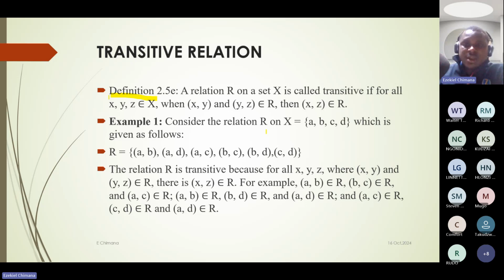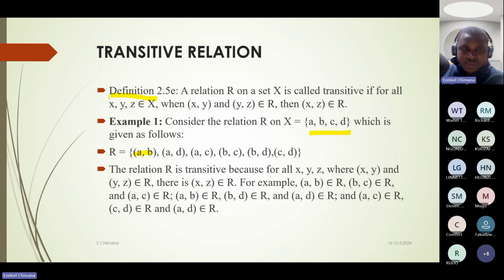Consider the relation R on X = {A, B, C, D}, which is given as follows: (A, B), (A, D), (A, C), then (B, C), then (B, D), and (C, D). This relation, is it transitive or not? So you are saying if you have A, B, and B something, A must be related to that something.